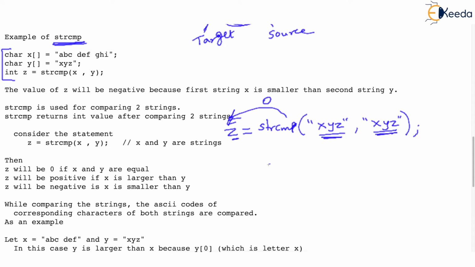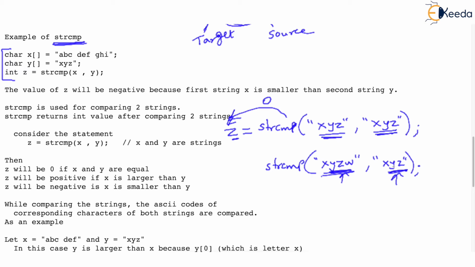Now have a look at this. Suppose I say strcmp and let's say I write xyzw. Just check the first string, and the second string is xyz. See, now the two strings I am comparing, this is the first string and this is the second string. It is easily visible that the first string is larger than the second string. Why? Because both strings begin with xyz, but the first string is having one extra letter w.